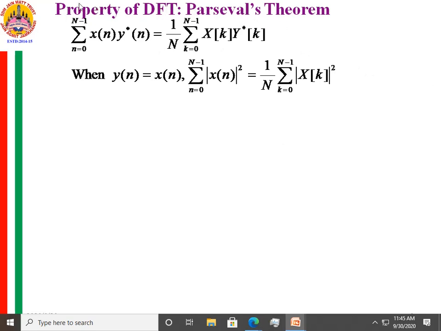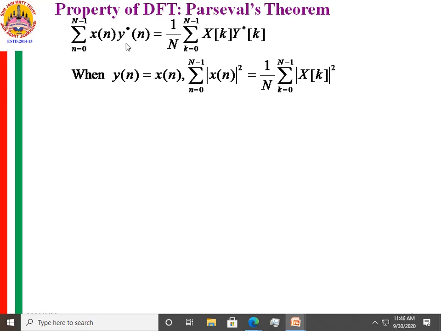This is the basic Parseval's relation. In this basic equation, when you replace y(n) with x(n), you get the second part of this relationship, where the summation of magnitude of x(n) square is equal to 1 by capital N summation k from 0 to N minus 1 of magnitude of X(k) square.